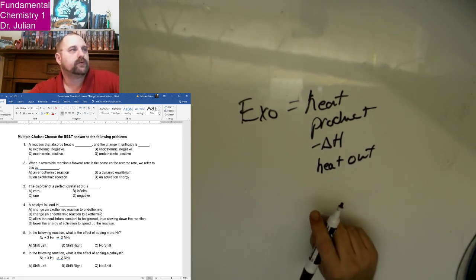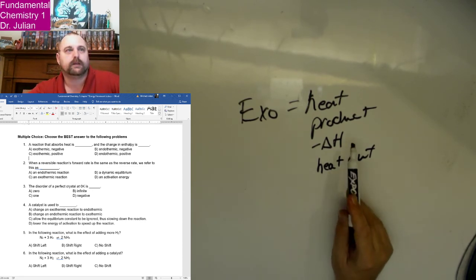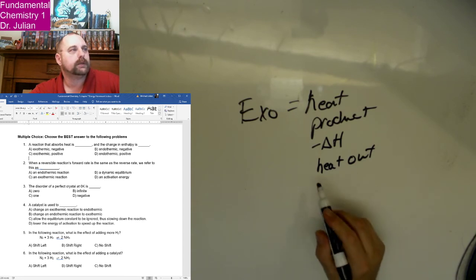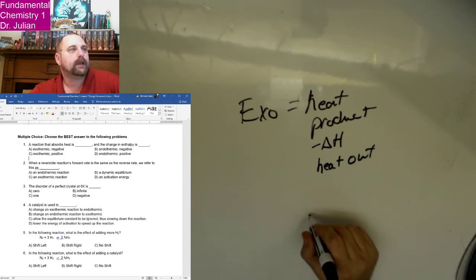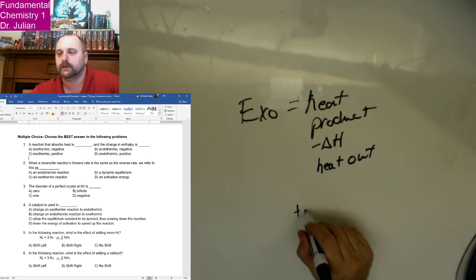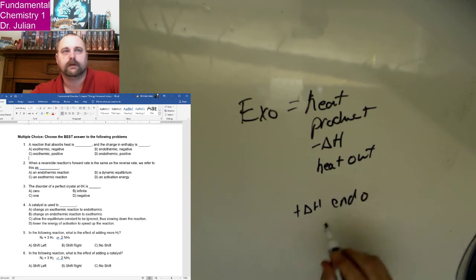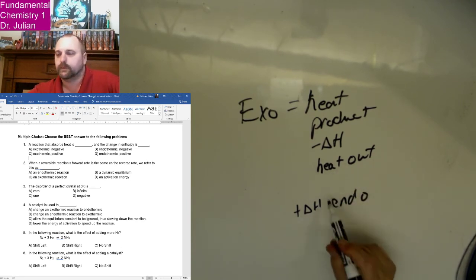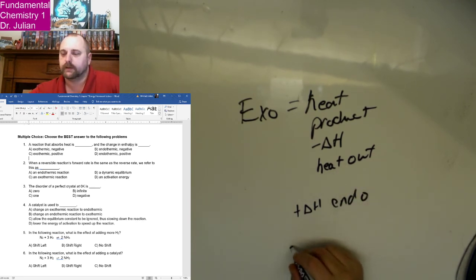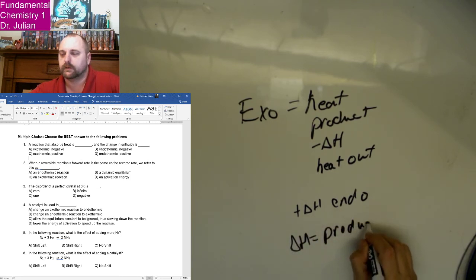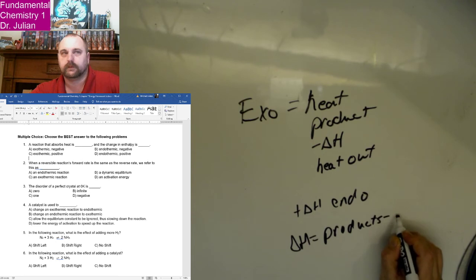All right, a reaction that absorbs heat. So that's absorbs heat. That's heat going in. That'll be endo, and the change in enthalpy will be plus delta H for endo. As long as I have one of them memorized, I can do it. Now keep in mind delta H is products minus reactants.